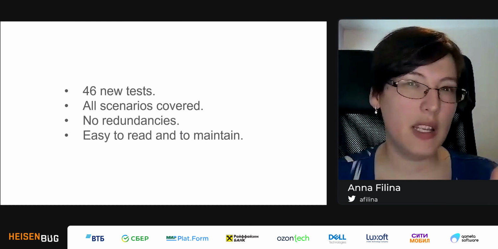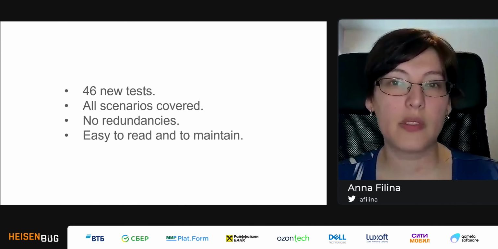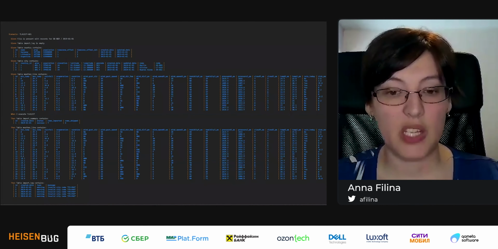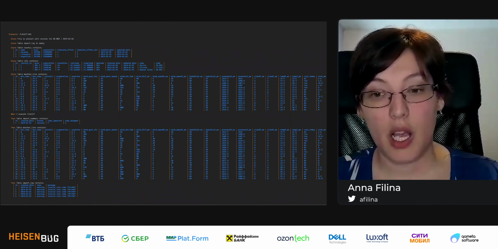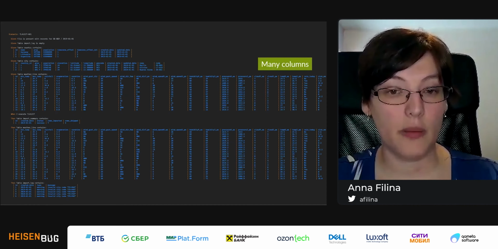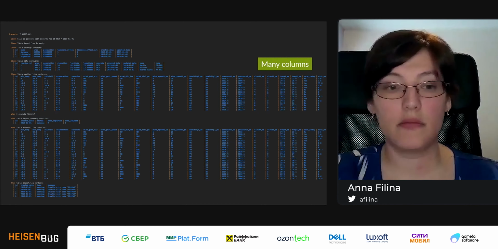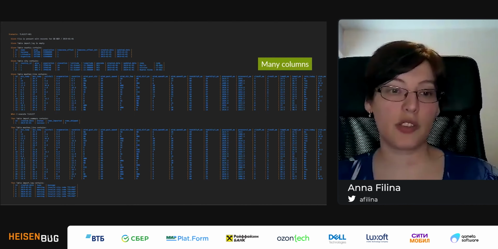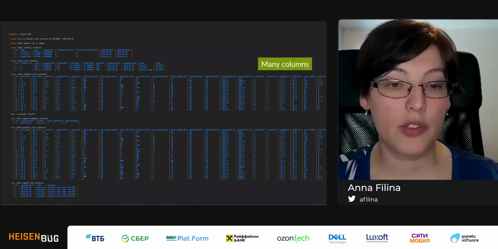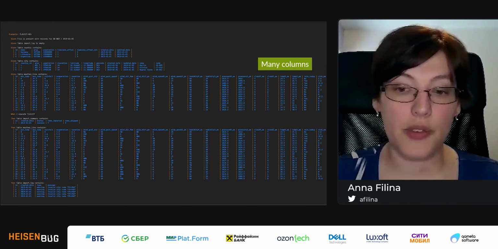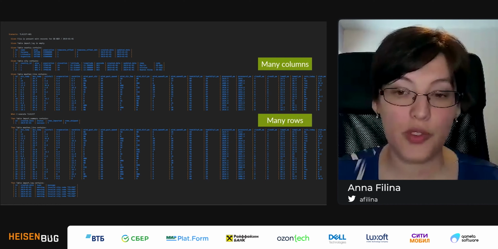Just to give you an idea of how difficult it was to maintain the tests that were in place, and something you have to be ready for, this is what I mean. There are way too many columns. You sometimes need to scroll 5, 6, 7 screens to the right to see all of the columns. And they would also have a whole bunch of rows.